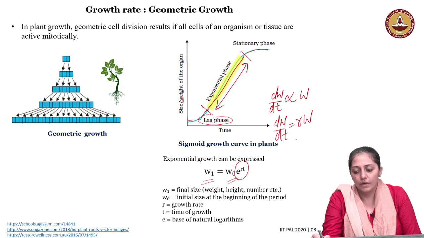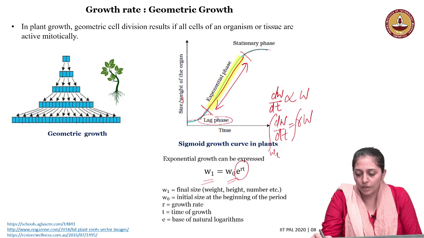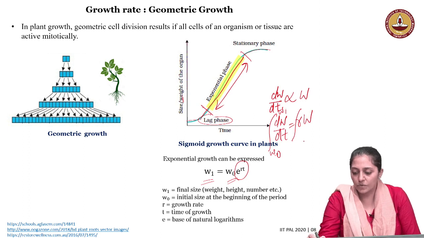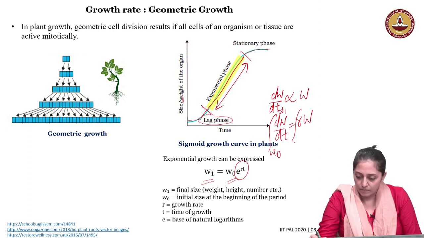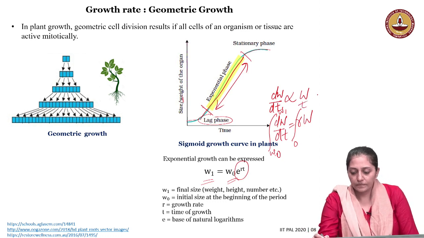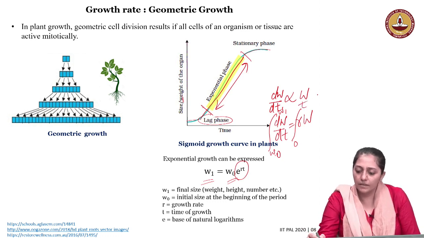And we have W. So, if you want to make an equation with respect to W, we will integrate this as we did earlier. Let us put the limits here: W naught is the initial value and at some time t they have given it as W1. So, time here initially is 0 and at some time t the weight is W1.